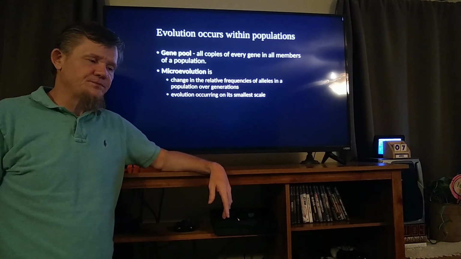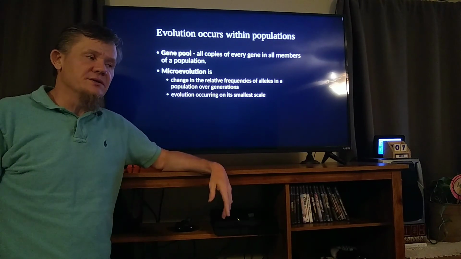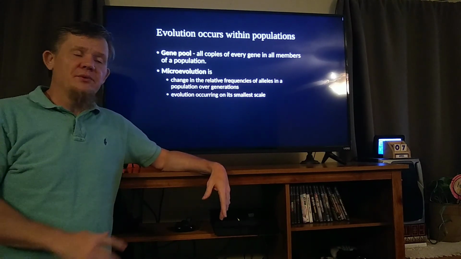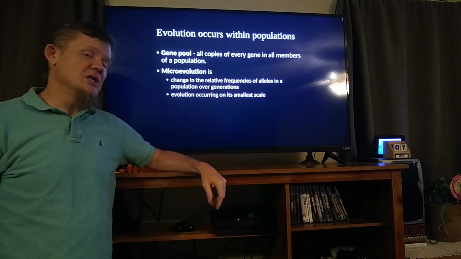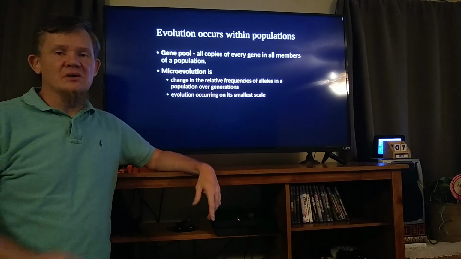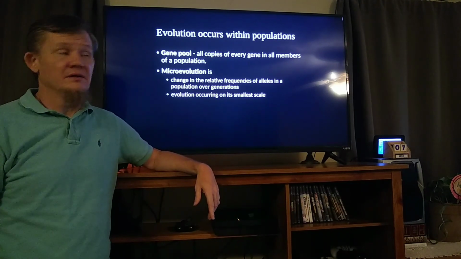Different features. In having these different genes, which lead to different features, within a population you have a bunch of different genes, and this is referred to as the gene pool. The gene pool is all of the genes in a particular population of individuals.